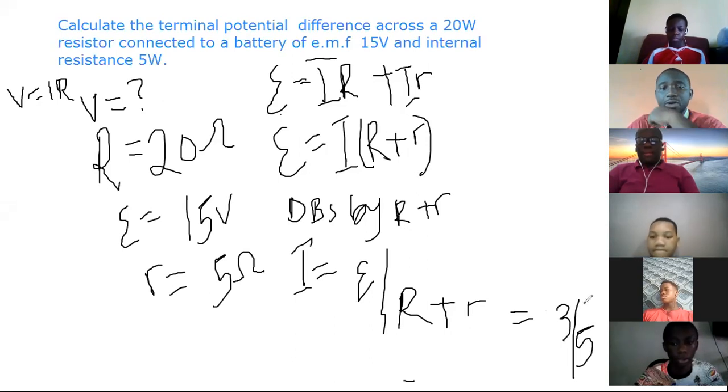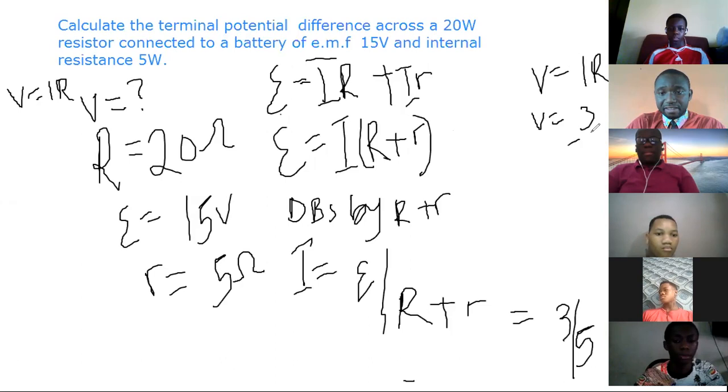Now, having gotten I, we can now get the other part, V equals IR, because we're asked to calculate the terminal potential difference. So that becomes V equals 3/5, which is the same as 0.6, multiplied by 20.